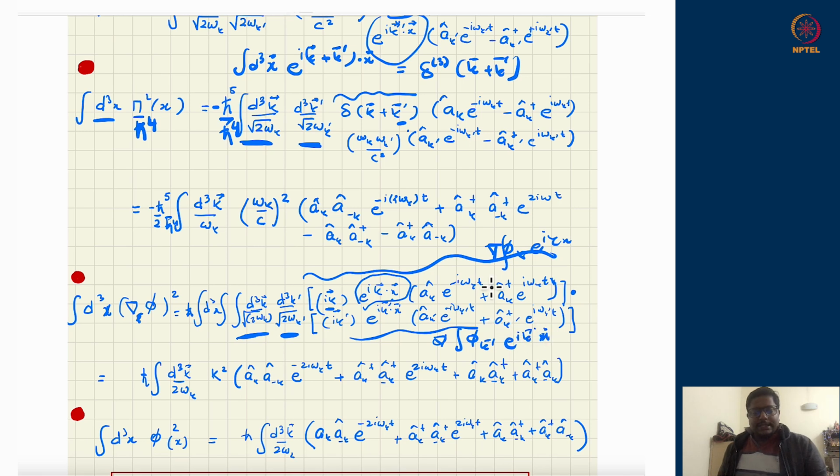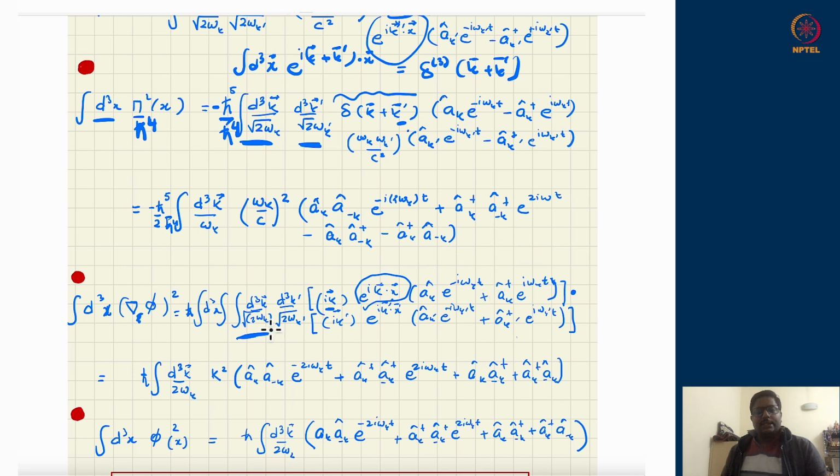So these two brackets have come from the multiplications of the gradient of phi. Again, the same thing, I will undergo the integration in d3x. It will identify this pair of exponentials and convert it into delta of k plus k prime like before. The exact same thing, and therefore the same game happens. One of the k primed is converted into minus k.